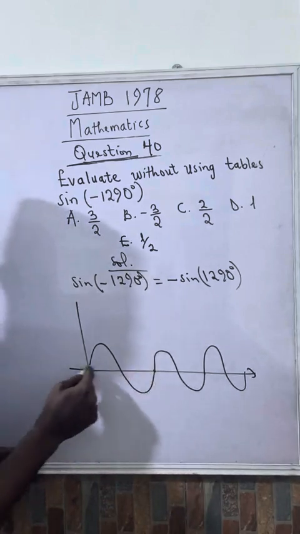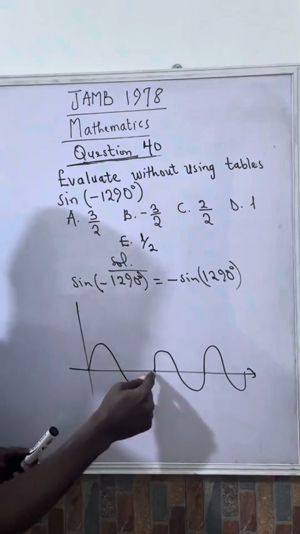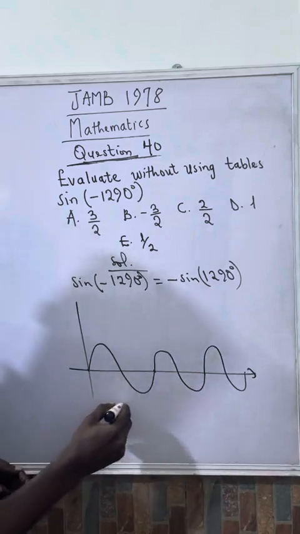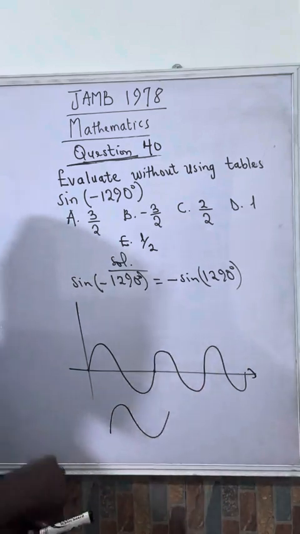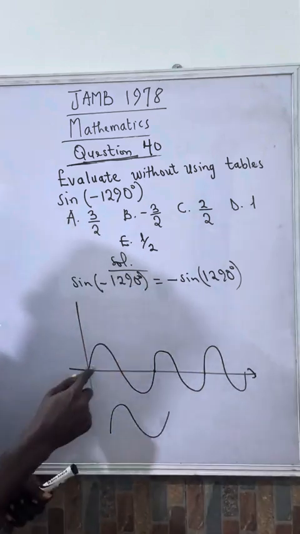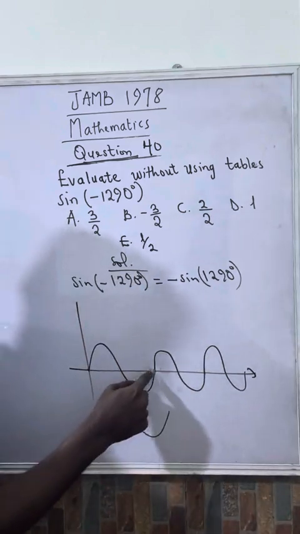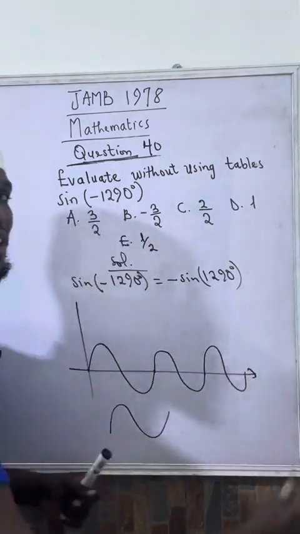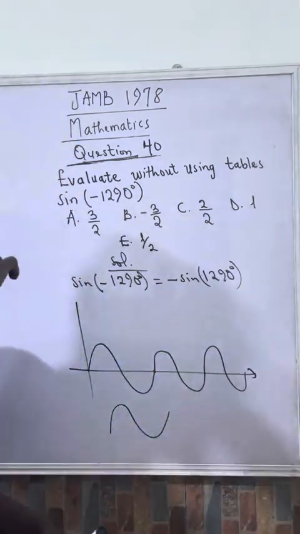This is one period. The shape starts again and forms another S shape, something looking like a snake. From here to here, one period; from here to here again, another period. So the value starts repeating itself again.